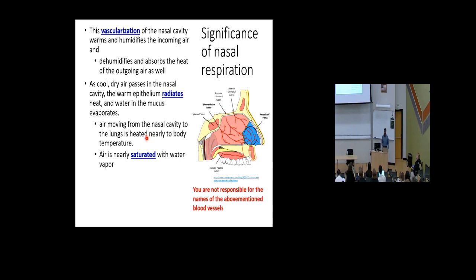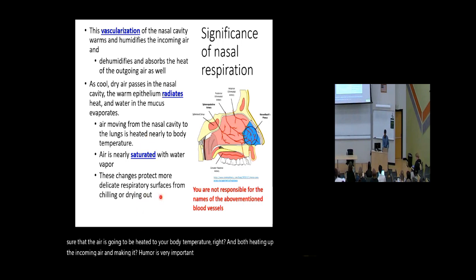And both heating up the incoming air and making it humid is very important, because that's how the more delicate respiratory structures which are found in the lower part of the respiratory system can be protected. If the cold air comes in, it can dry out the inner structures, and it can also cause them to be damaged.